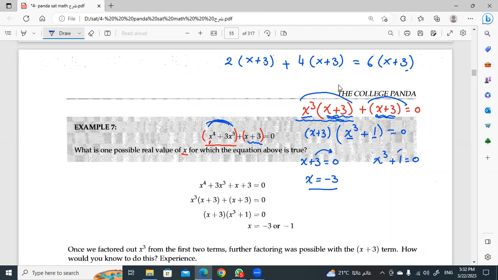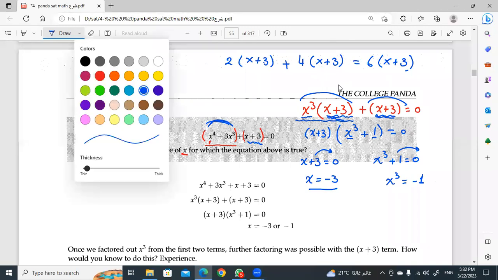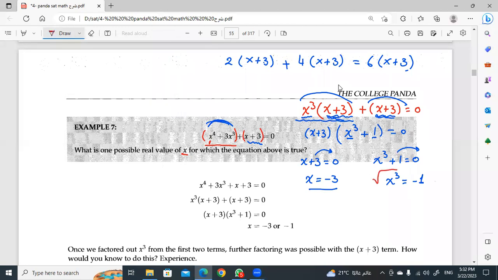For the second one, I will move this to the other side, so x to the power of 3 equals -1. To get rid of the power of 3, I will put a cubic root here and here. Be careful, this is a cubic root, not a square root. If it were a square root of a negative number, I would say no solution, it would be undefined.